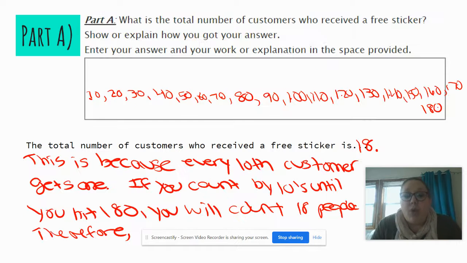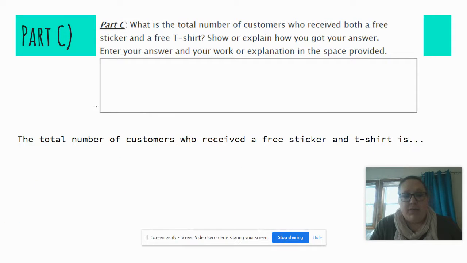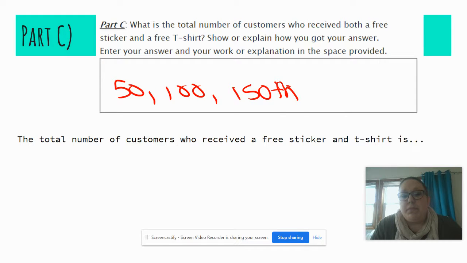Those are the people who are on each list. You can even see here, 50, 100, and 150. Since we know we're looking for multiples of 10, that's why we circled the ones that end in 0. So I'm seeing that there are 3 customers: the 50th, 100th, and the 150th. So the total number of customers who received a free sticker and t-shirt is 3.